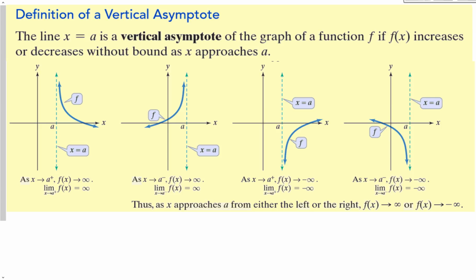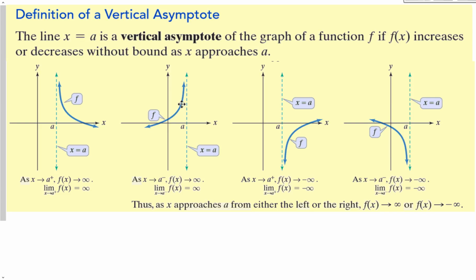The line x = a is a vertical asymptote of the graph of a function f if f(x) increases or decreases without bound as you get closer to that line. So with all vertical asymptotes, the graph is either going to go straight up or straight down. You can see it in both arrow notation and limit notation. As we approach a from the right, the graph goes straight up, so the limit as x approaches a from the right of f(x) is infinity.